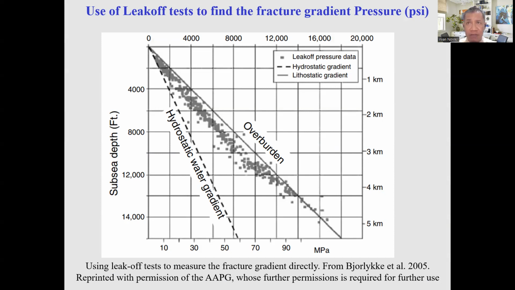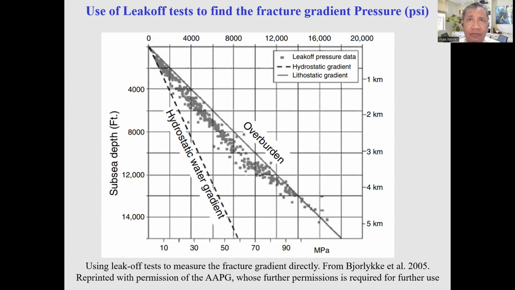Plotting this point on the pressure versus depth graph provides a better approximation of the fracture gradient, and it is crucial to avoid exceeding the fracture gradient while drilling to prevent a blowout. And if the pore pressure approaches the fracture gradient, it hinders the accumulation of hydrocarbon columns due to shale failure and loss of the trap.